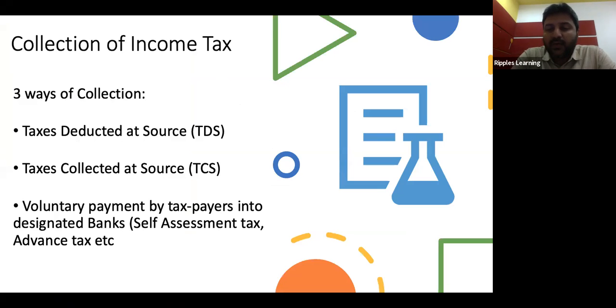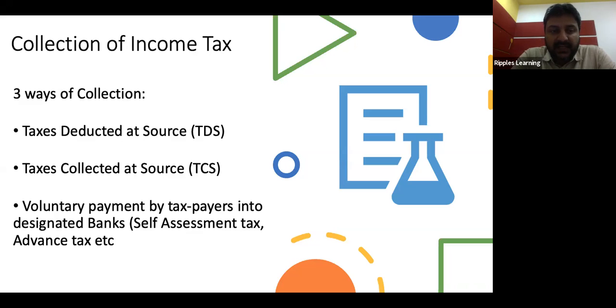People who are quite definite, for example a celebrity or a film star or a sportsperson or an individual earning high income, is quite sure of an X amount of income that he or she foresees earning, and then they go about paying advance tax or self-assessment tax.